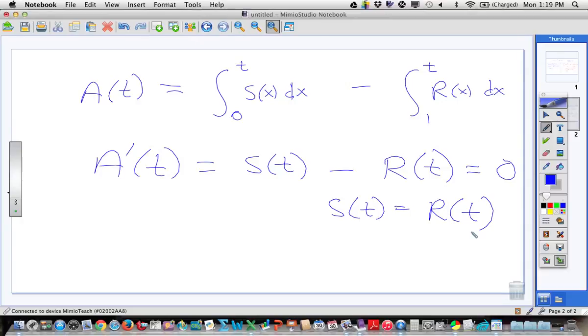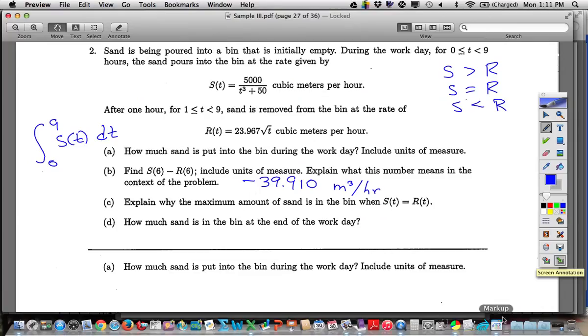Let's go to, let's see, are we done with that one, or no? We had more. How much sand is in the bin at the end of the day? So we would do the integral from 0 to 9 minus the integral from 1 to 9, which, of course, would fit in nicely with what we just wrote up there, right?